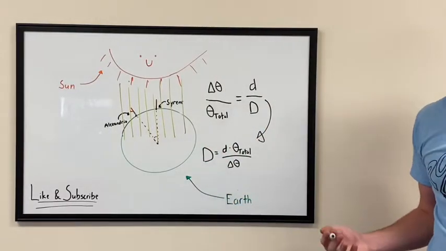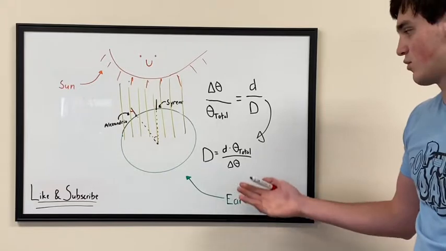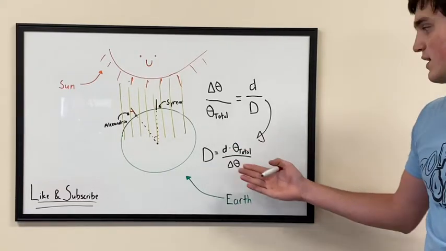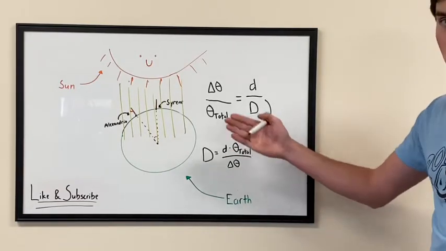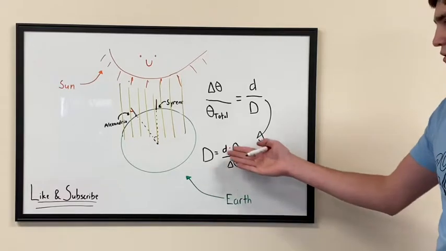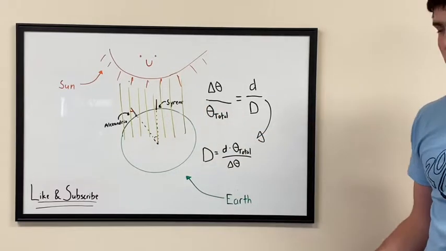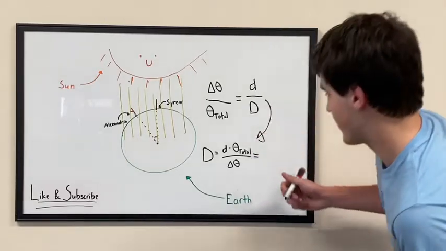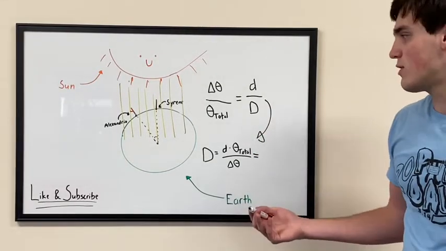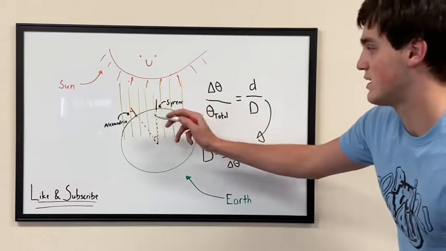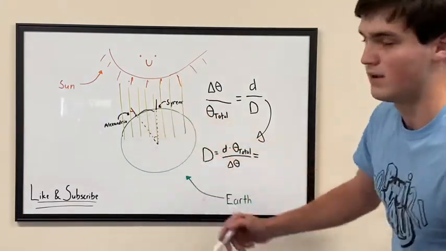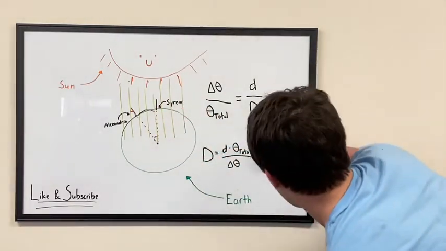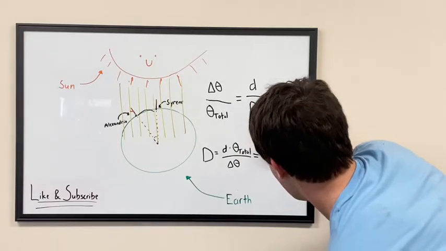So, we know that the circumference of the Earth equals the distance between the two cities times the total degrees of the Earth over the difference in degrees between the two cities. We can actually fill in the following information. We know that the distance between these two cities right here is about equal to 800 kilometers.